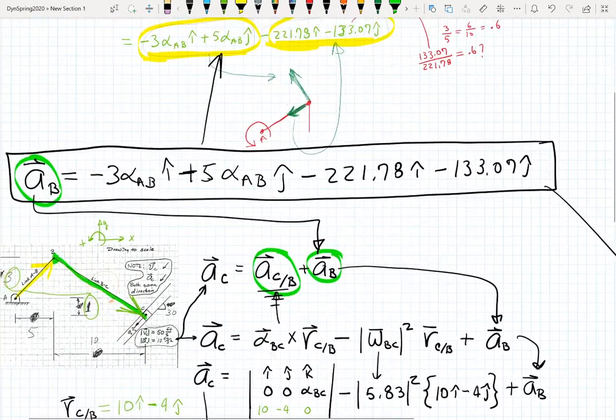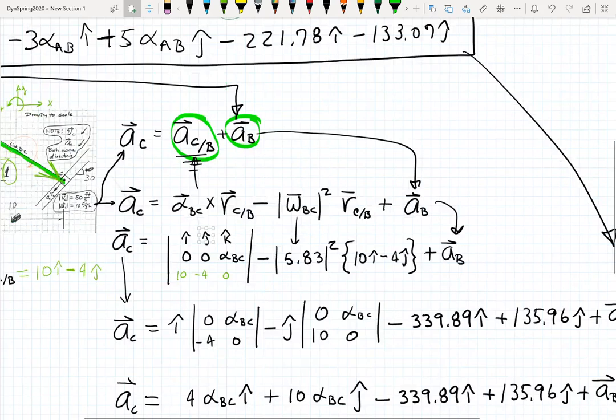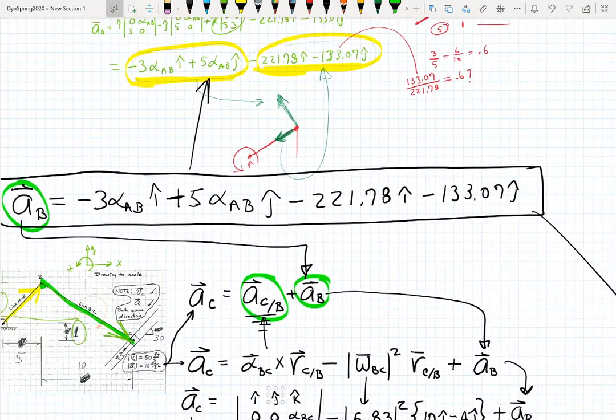Let's see if I can do a decent job of selecting this. Uh-oh. I don't know what happened there.